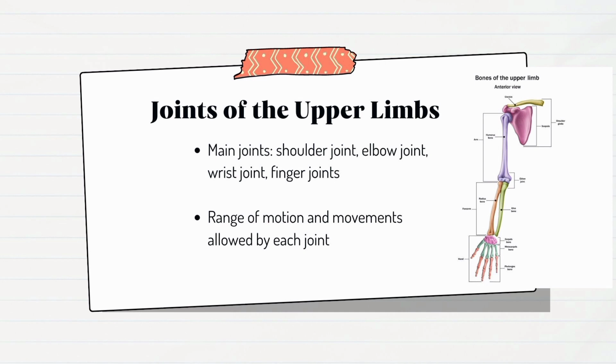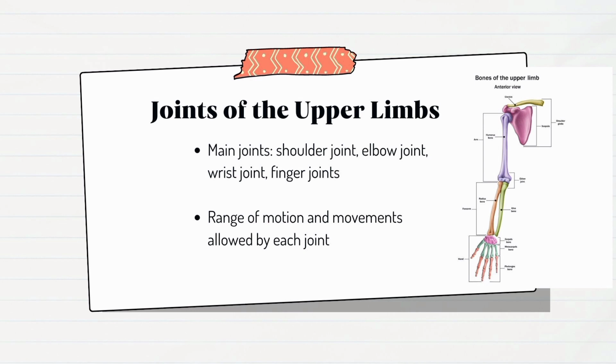In this slide you will see which types of joints we have in the upper limbs. The shoulder joint has the glenohumeral joint that allows the arm to move in multiple directions and has a high range of motion.